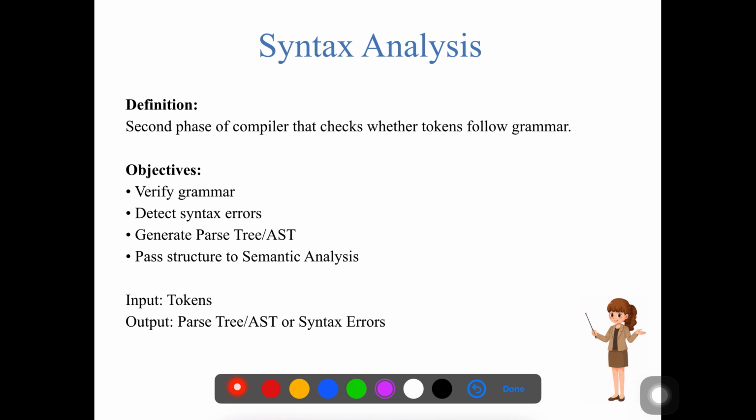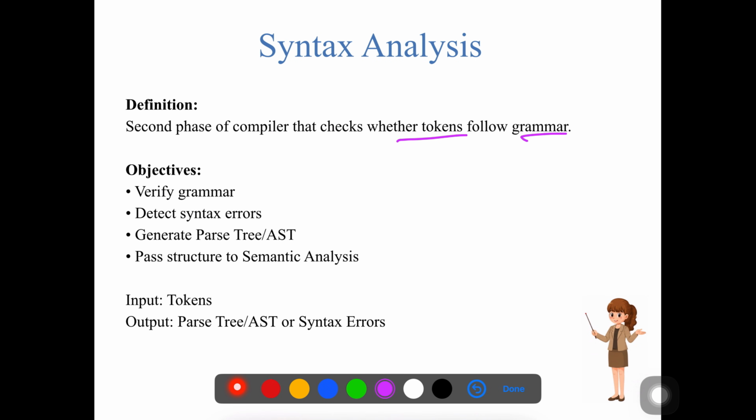Syntax analysis is the second phase of the compiler that checks whether the tokens follow the grammar. Syntax analysis is also known as parsing. It receives the tokens from the lexical analyzer and verifies whether they satisfy the grammar of the language.